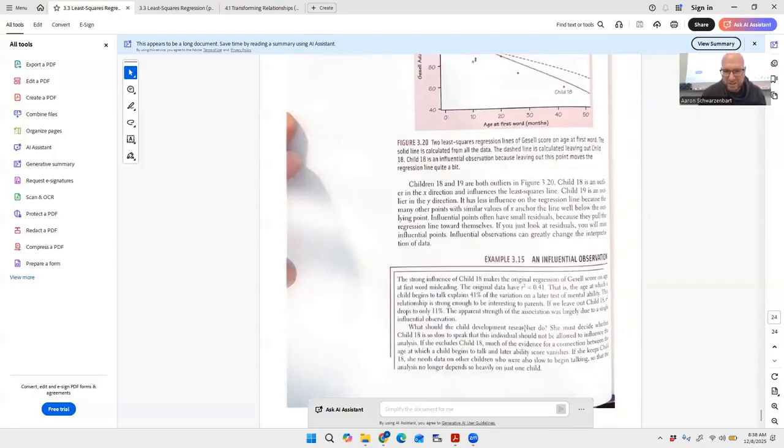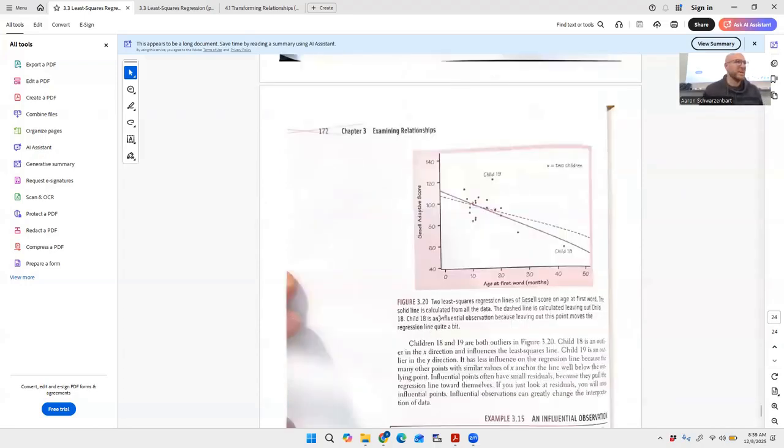We get an R squared of only 11%. Wait, that makes the R worse? Yes. Because the data is being dragged to that point and it looks linear when it's not very linear.